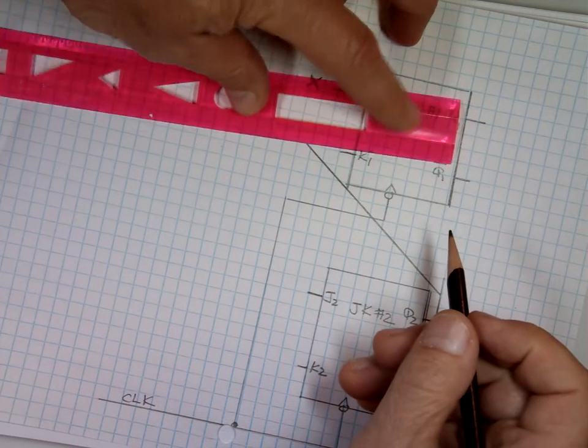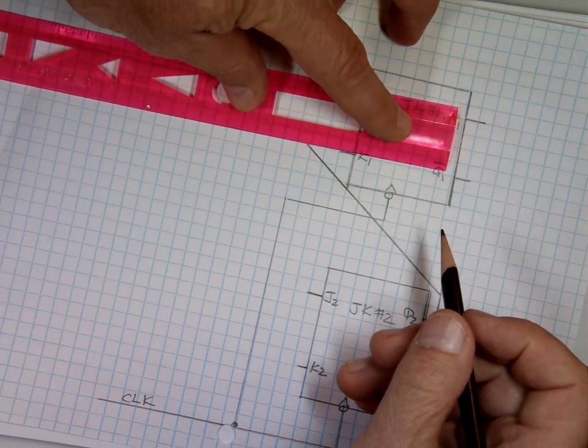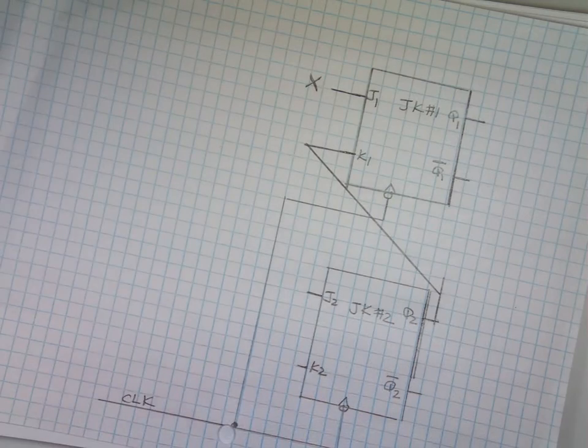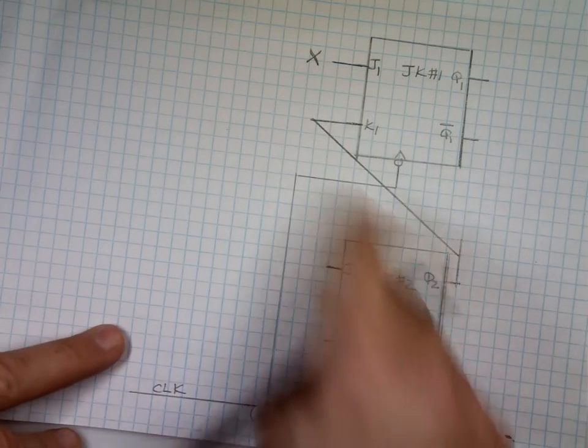Run a wire there. And that's K1. K1 is whatever this is, you just run a wire from here to there.